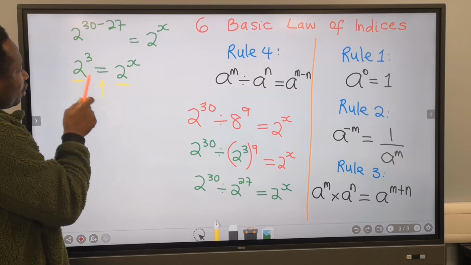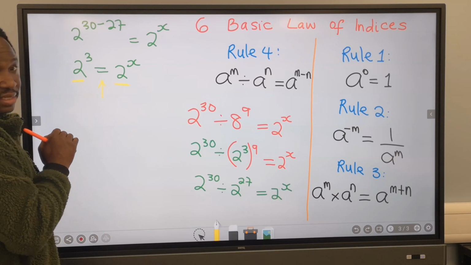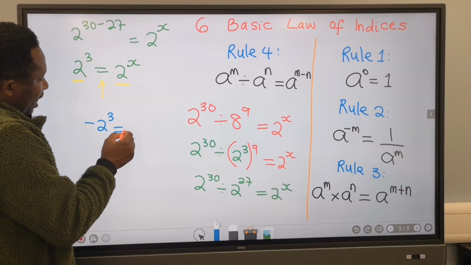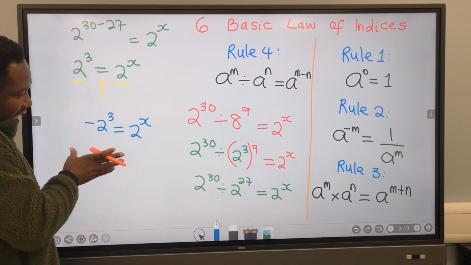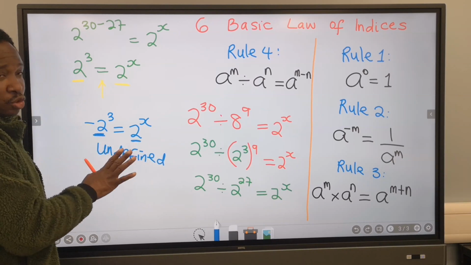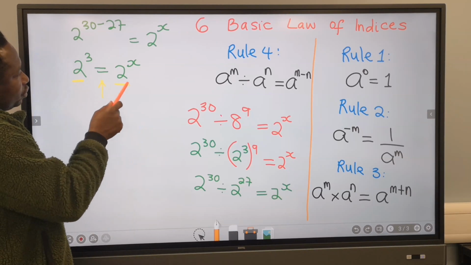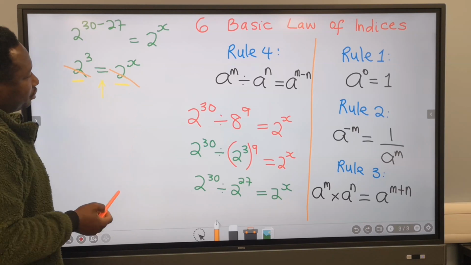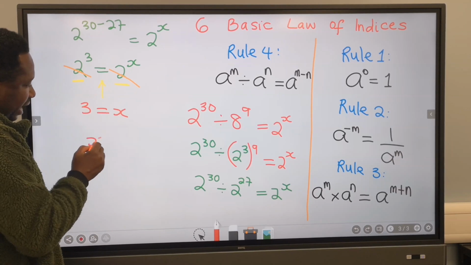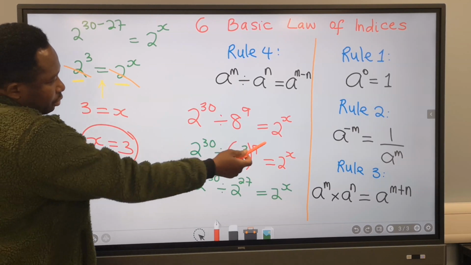But if this is minus 2 and this is 2, then this problem becomes undefined. For example, I have minus 2 to the power of 3 and I have 2 to the power of x. This becomes undefined because these 2 are not the same. I will stop every mathematical solution. However, because these 2 and these 2 are the same, they can cancel out. And here I got 3 is x. That is, x is equal to 3. And this is our answer for this problem.